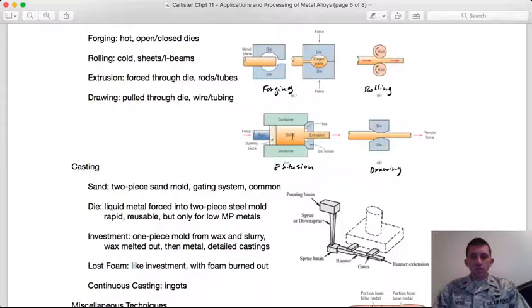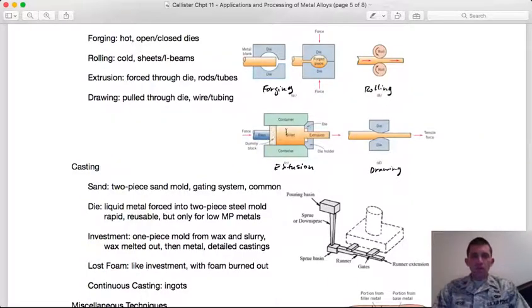Extrusion kind of looks like, with my kids I think about those little Play-Doh machines, right? Here you have a soft enough metal with a strong enough container and a hard enough die that you can, under pressure, force that metal through some sort of a shaped die and extrude, say, a pipe or a channel or something.